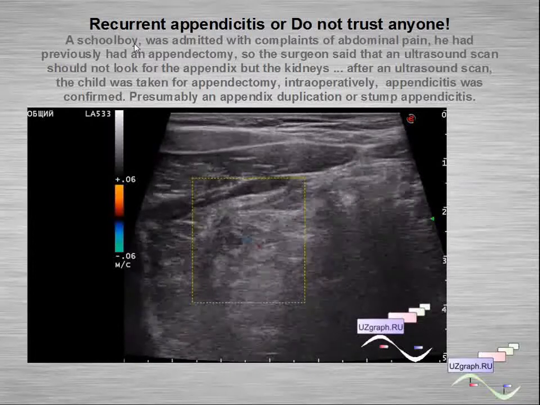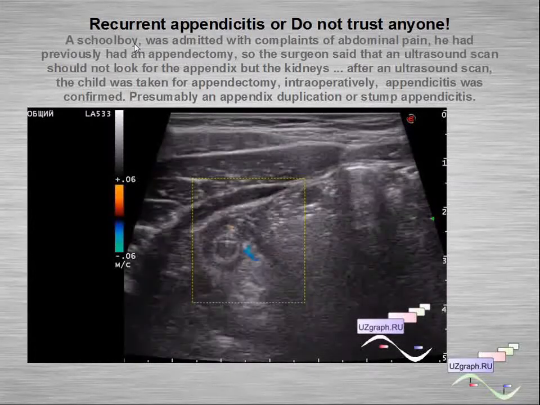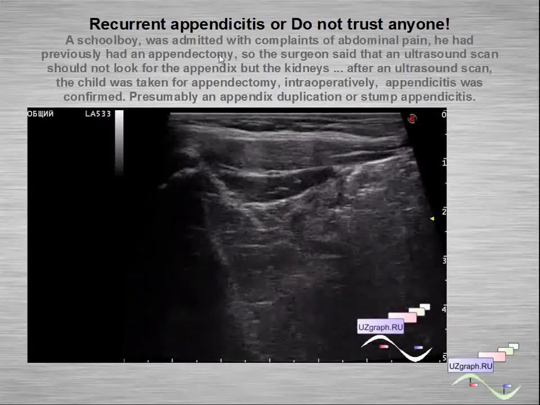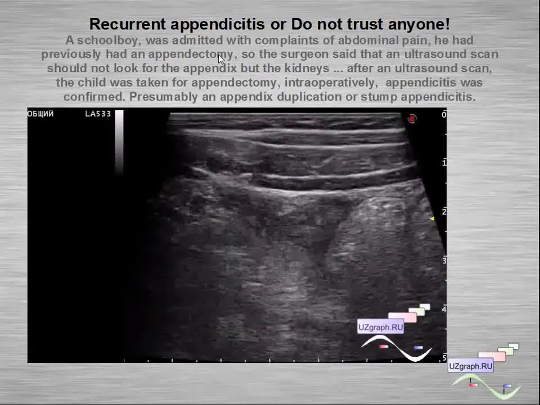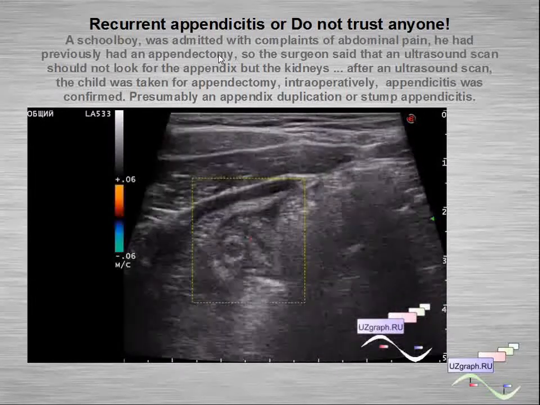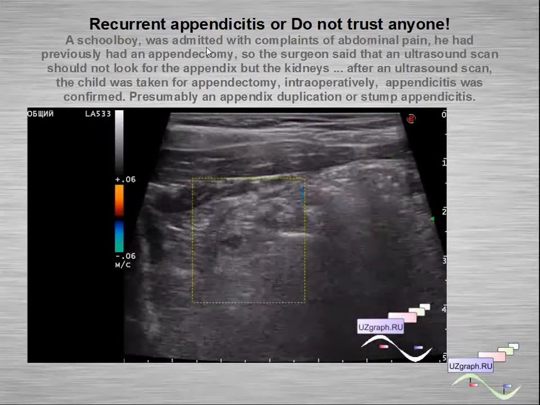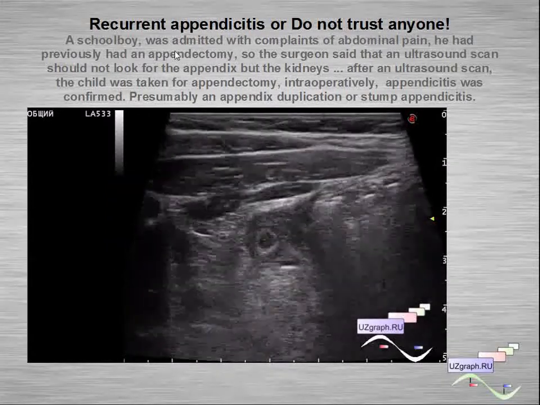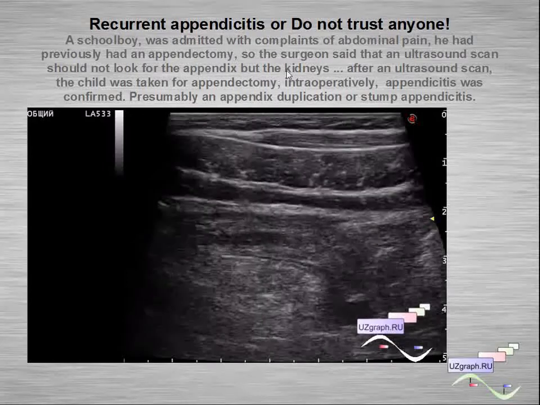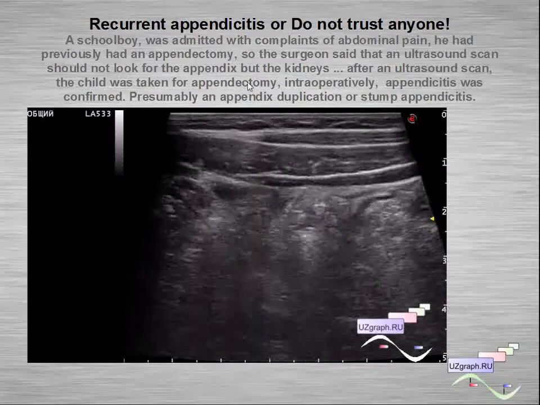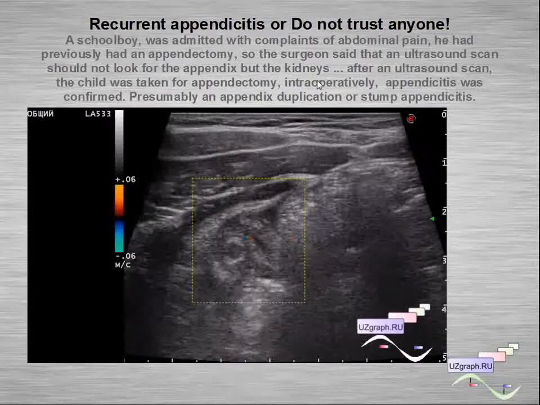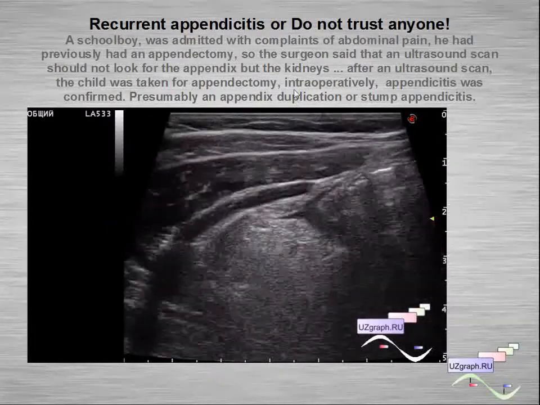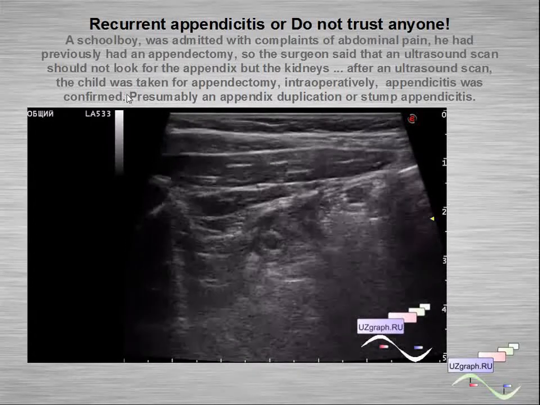This child has papers from another hospital in which appendectomy was written about. But in the surgery this time another appendicitis was found, so in this situation we can think about appendix duplication or stump appendicitis, something like that.